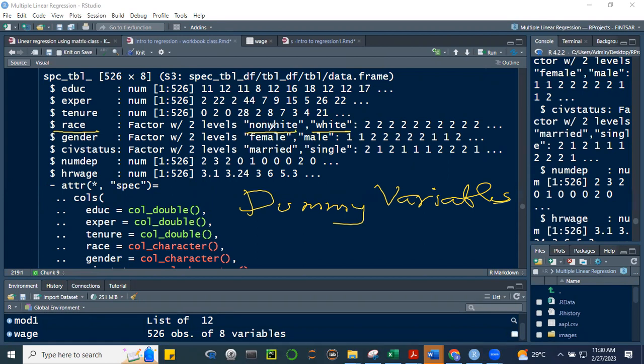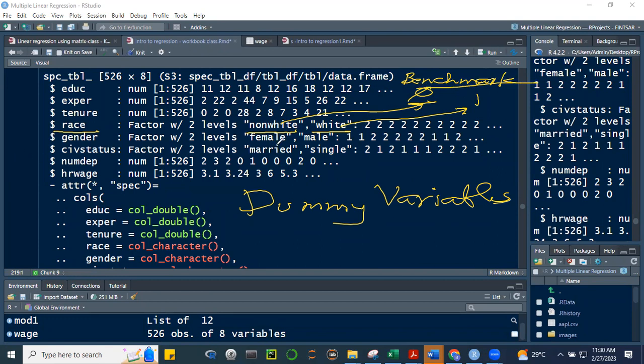So which will alphabetically appear first? Mag-a-appear muna si non-white. So ito gagawin niyang 0. So lahat ng non-white gagawin niyang 0, lahat ng white gagawin niyang 1. Yung ginawa niyang 0, ang tawag natin dyan, benchmark variable. Benchmark. You'll see why it's called benchmark.